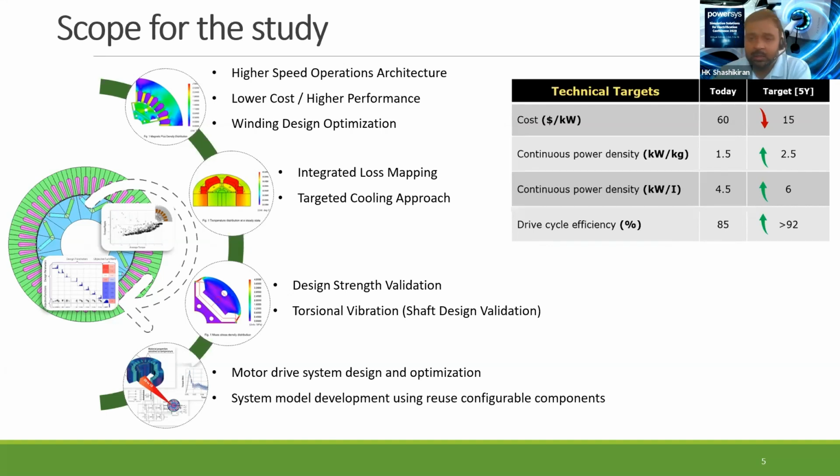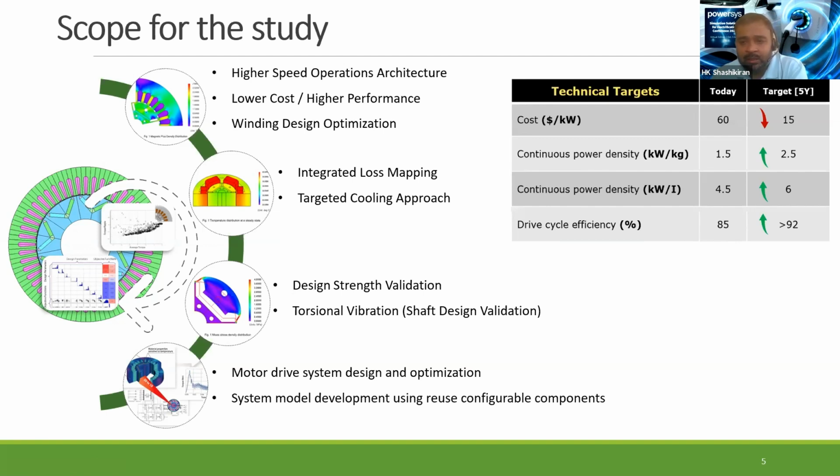So if you look at the overall approach, if we take a baseline on the current scenarios, these are some technical targets that we wanted to achieve over the course of maybe 5 to 10 years. Basically the cost per kilowatt hour: as of now it is somewhere between 50 to 60, and I think we wanted to hit somewhere between 50 to 20 at some point of time.